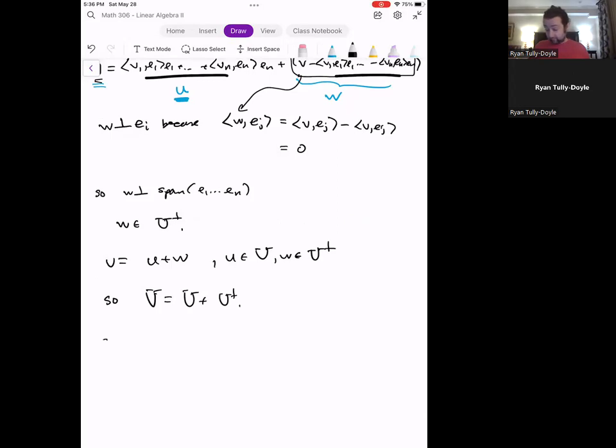That's going to give you the direct sum. Since U intersect U perp is the 0 vector, V is actually a direct sum of U and the orthogonal complement of U. And that's a really useful fact.